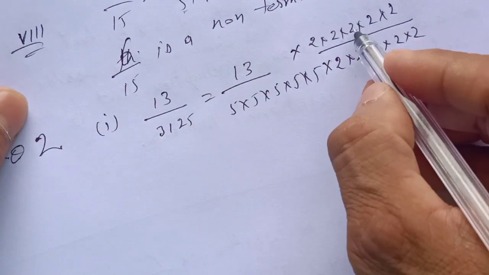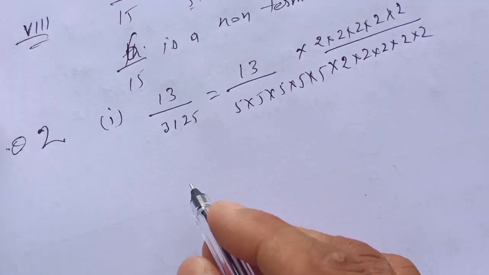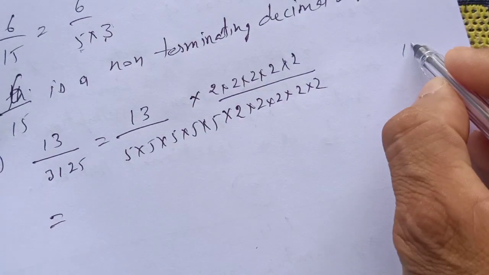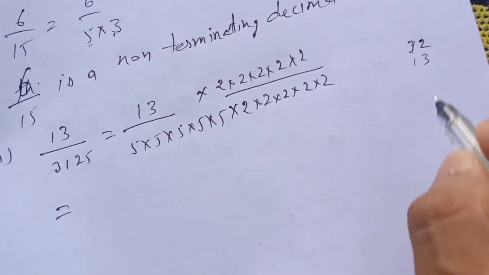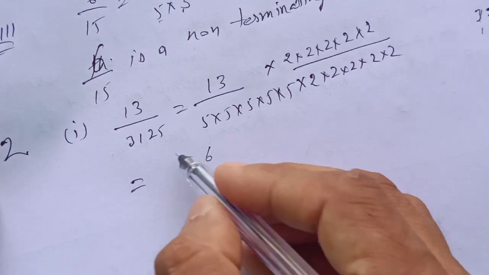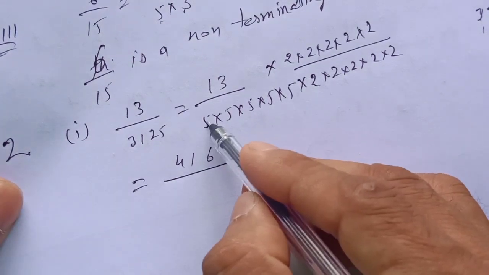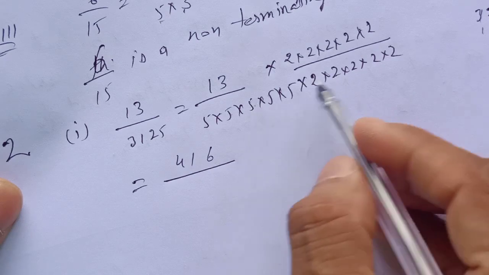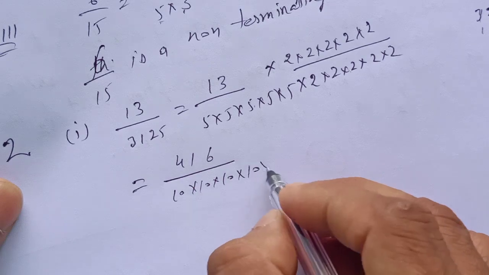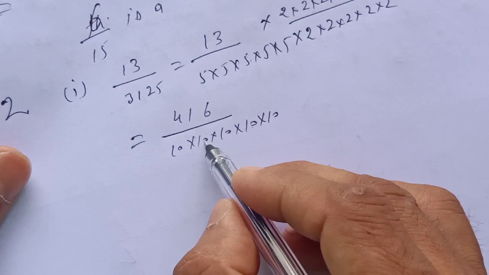2 twos are 4, 2 fours are 8, 16, 32, and 32 multiplied with 13: 13 twos are 26, 13 threes are 39, 39 plus 2 is 41, upon 5 twos are 10, 10 into 10 into 10 into 10 into 10. How many times 10? 1, 2, 3, 4, 5.